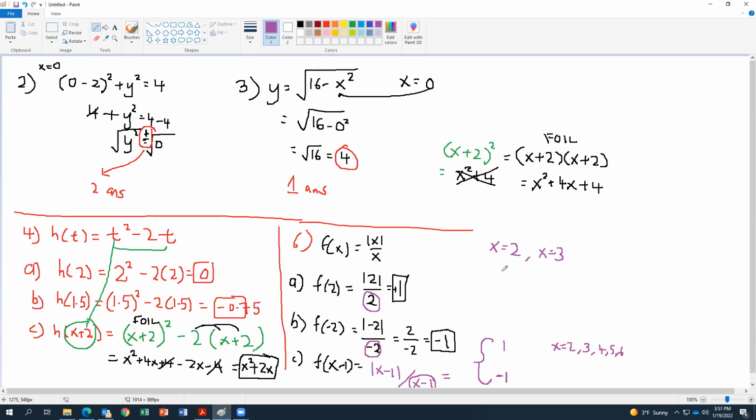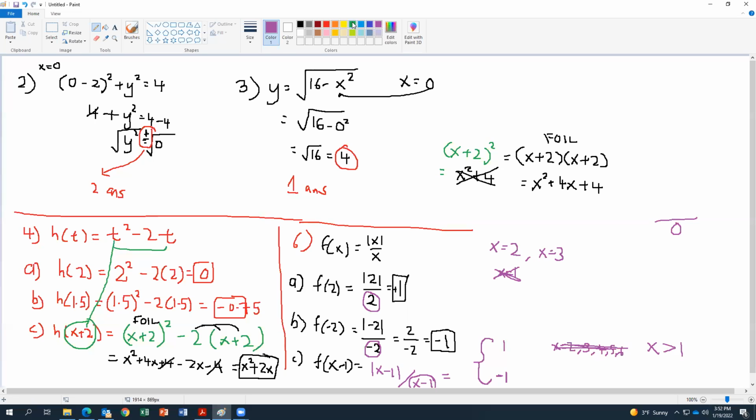So how about 1? What happens when you put x as 1 here? You get 0, right? And do you know what happens when you divide by 0? It is undefined. So this is no good. So for us to figure out what makes it positive, 2, 3, 4, 5, 6, that means the number here has to be greater than 1.